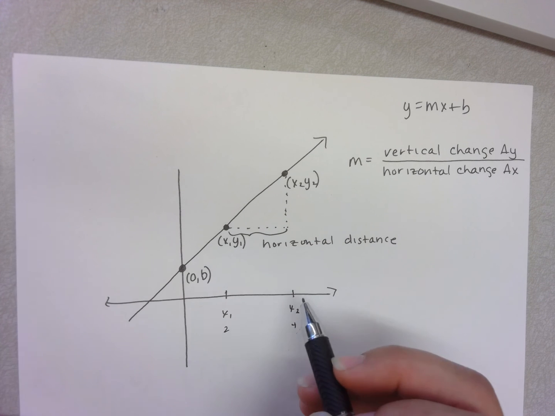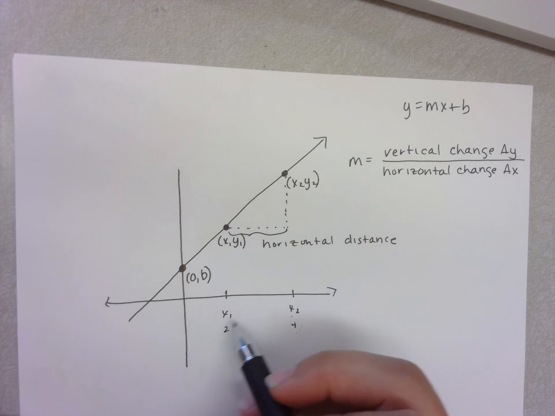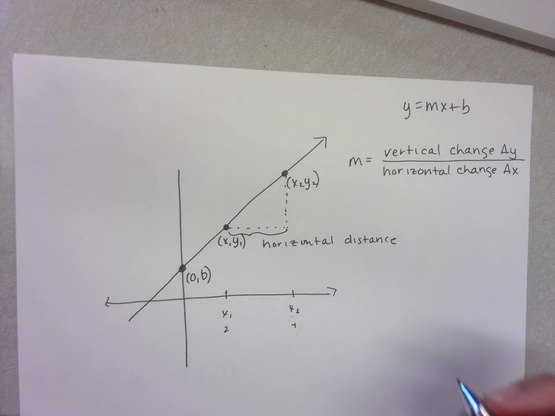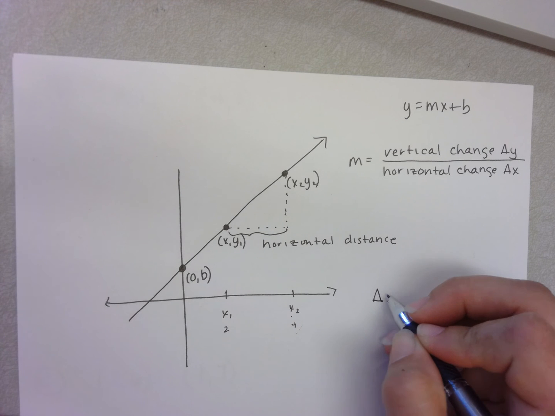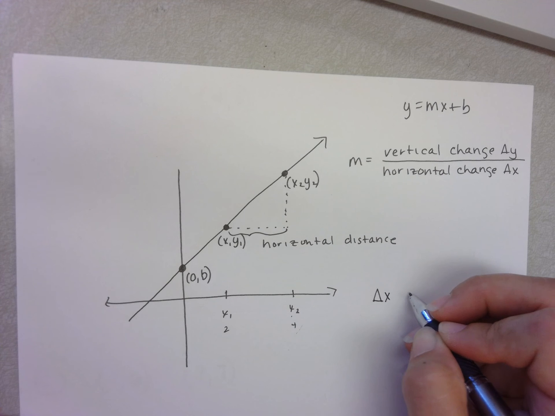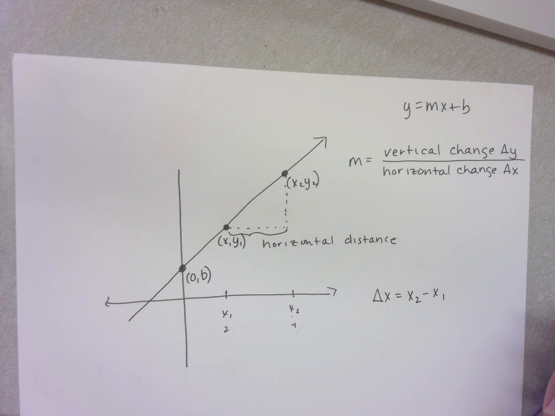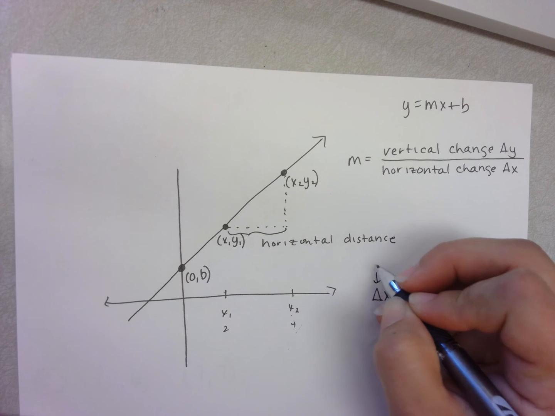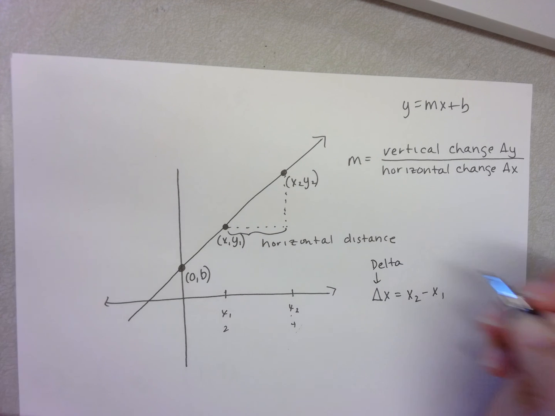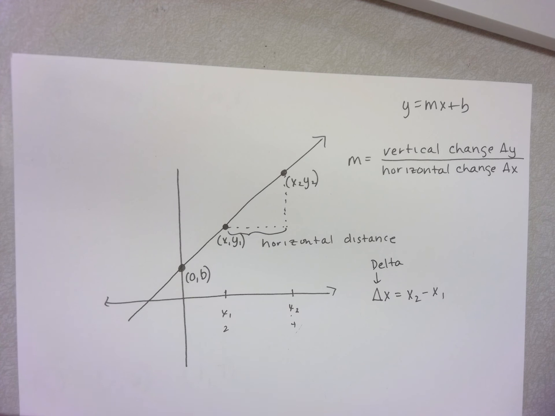Any two numbers would be x2 minus x1. So the change in x is x2 minus x1. Sometimes we call this delta x. It just means the change in x.